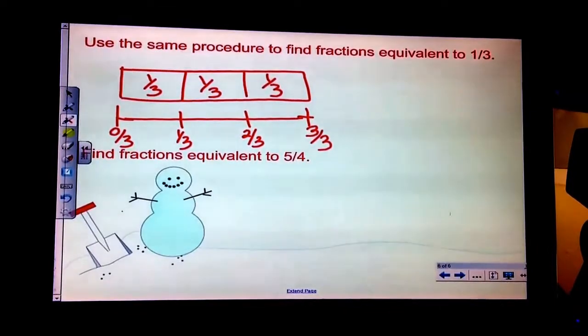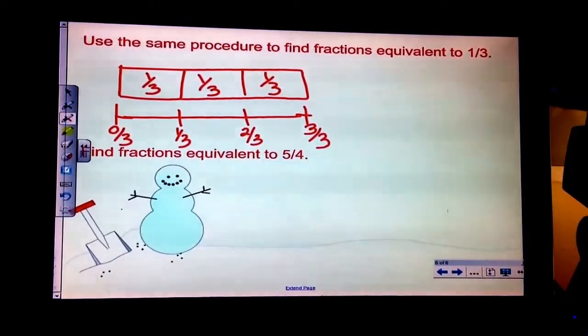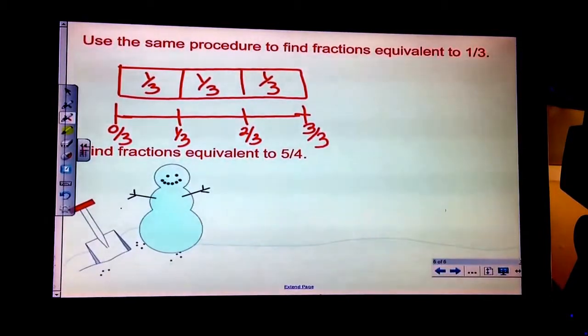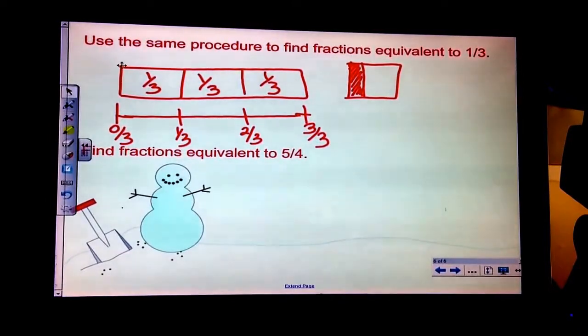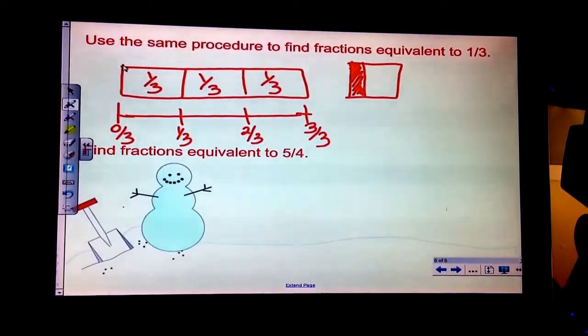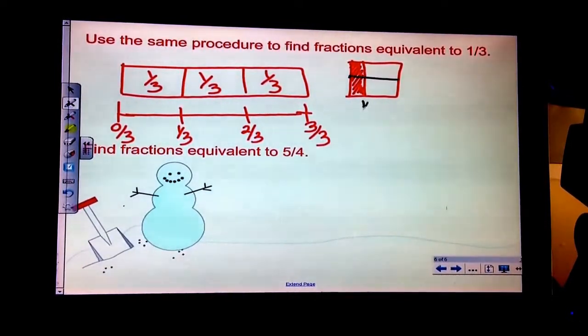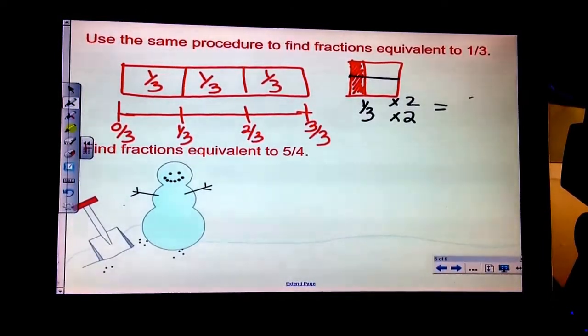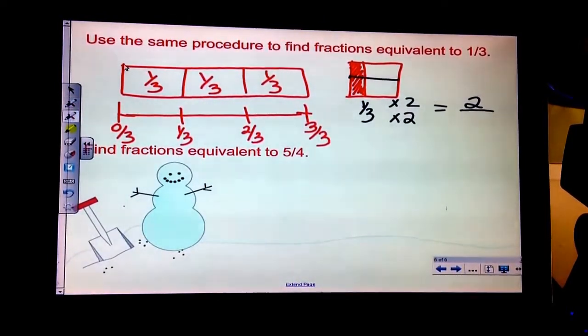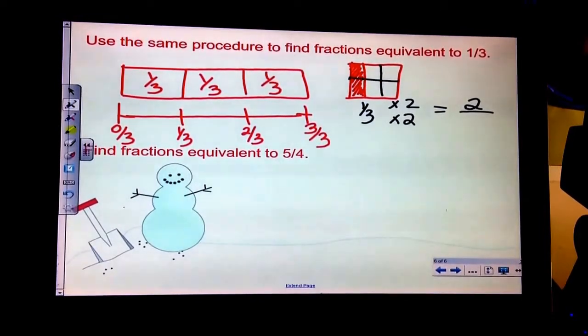And I want to find fractions that are equivalent to 1/3. So I'm going to draw my box. There's my 1/3. So if I want to take my 1/3, I can cut it in half now. I should have drawn a line here.